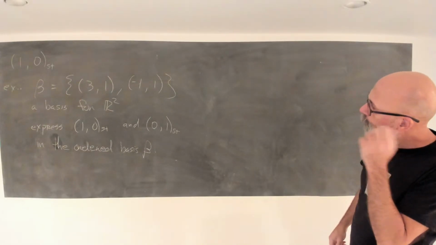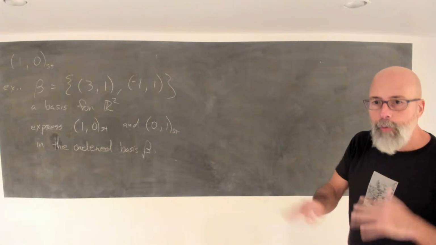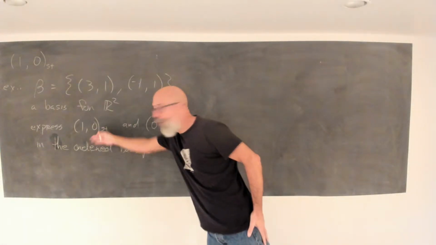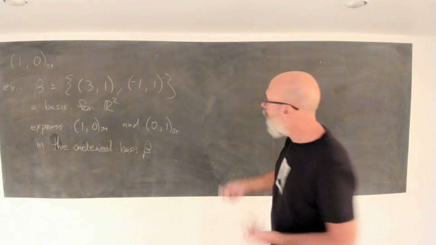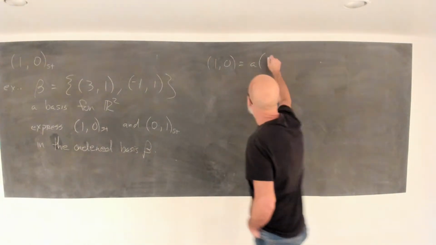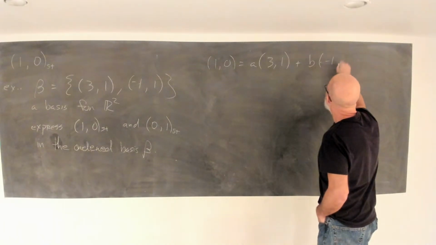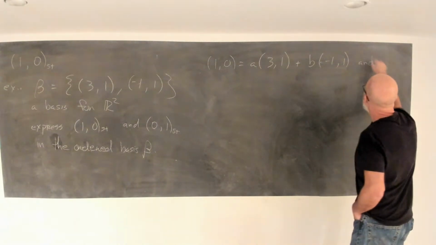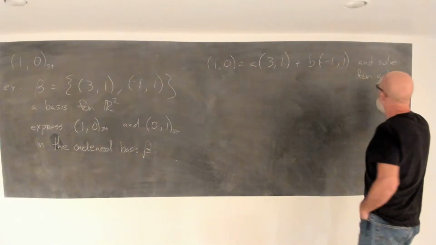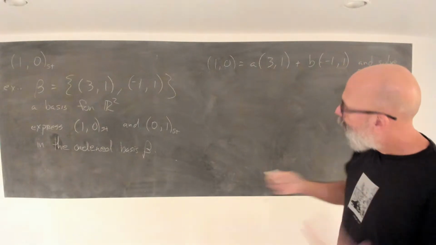Can we cheat without doing too much work? I mean, of course, A times the first one plus B times the second one is equal to that, and solve for AB. Right, that's the usual way to do it.